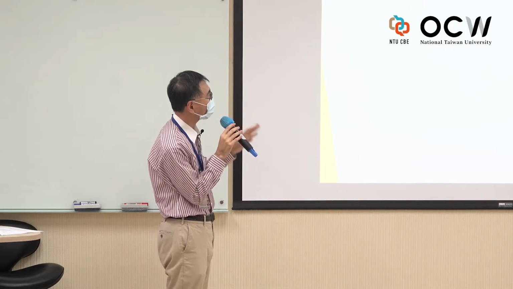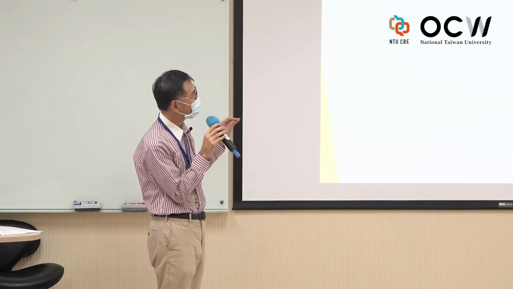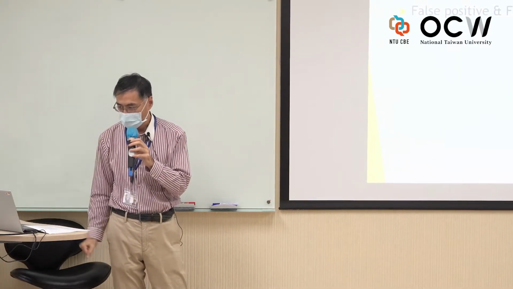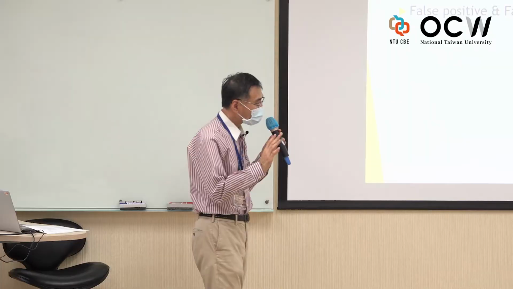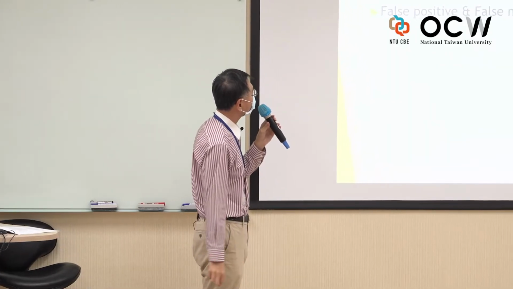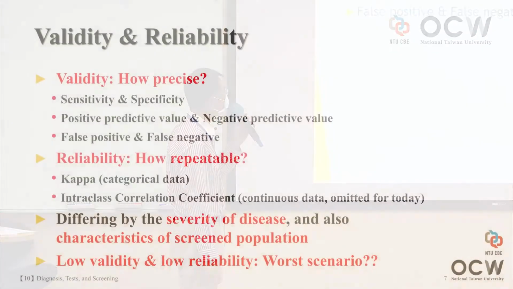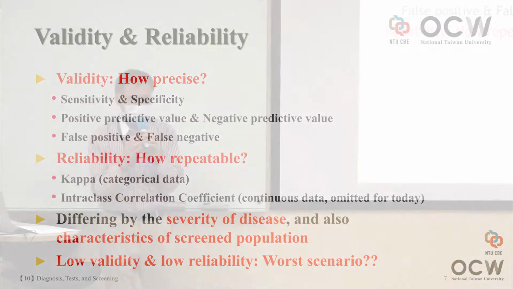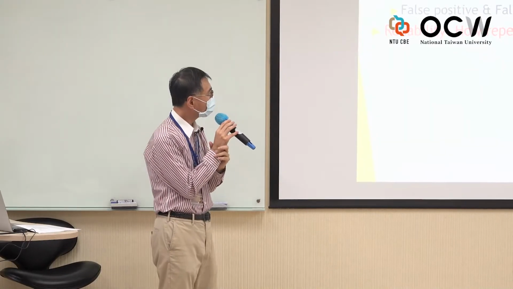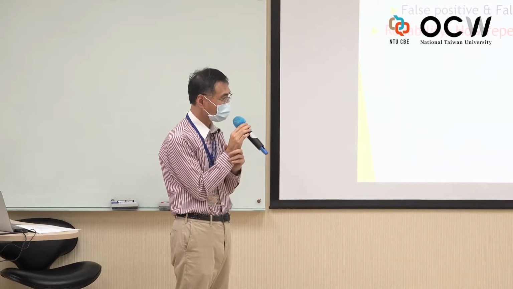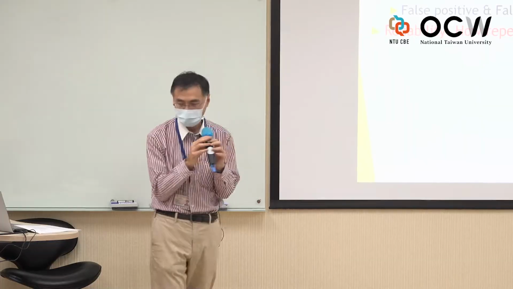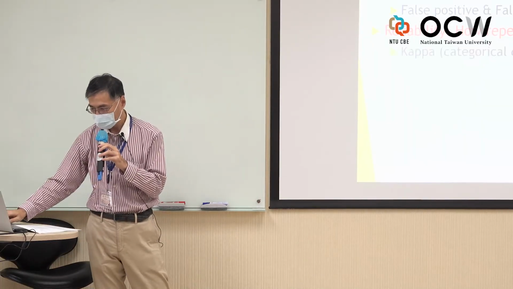Positive predictive value and negative predictive value are less useful. Okay. And also, with exact the same data, we could also identify the number or percentage of false positives or false negatives. And reliability is the other group of variables to measure how repeatable the screening or the test is.